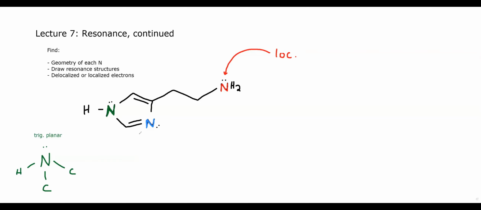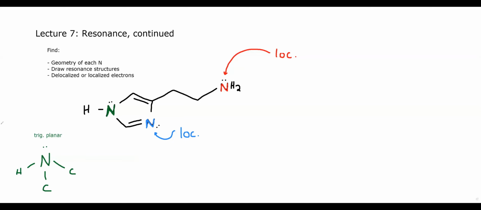Typically just the pi bond will. Okay. So that means this lone pair is also localized because it's in an sp2 orbital and not a p orbital. The p orbital has that pi bond in it, that double bond. So those electrons are also localized.